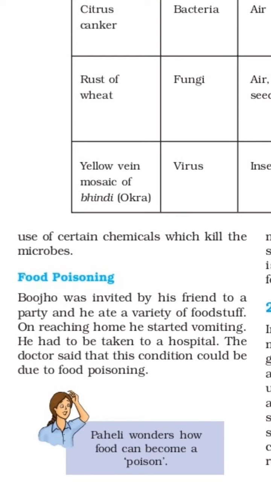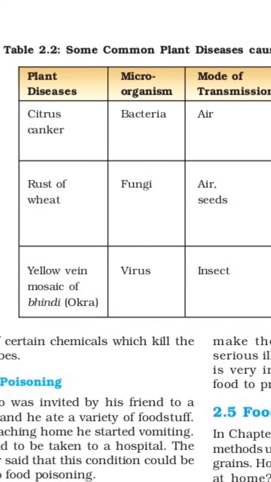Now we will see some common plant diseases. I already told that when farmers are facing problems in crop production, they spread insecticides, pesticides, which are chemicals, and with them they kill these microbes which are harmful for the plants.